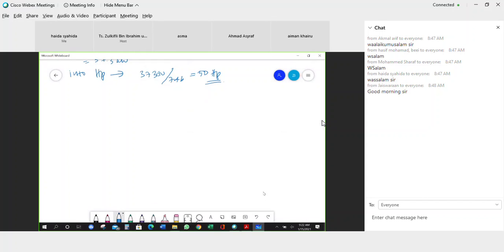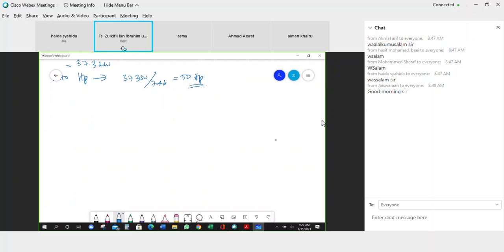So basically you have your stator and your rotor.